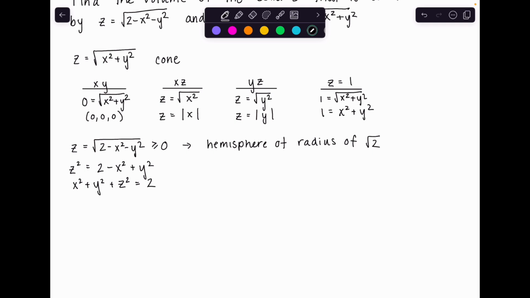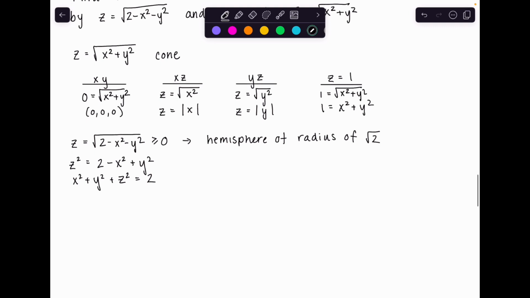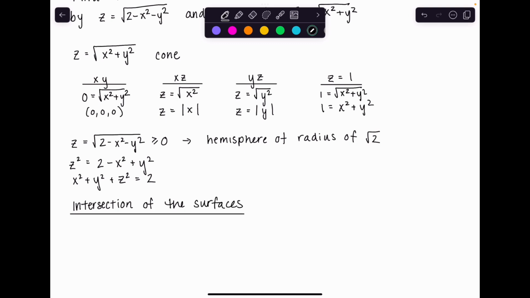One thing that's going to be important is to figure out, what do these two things intersect at? So we also need to find the intersection of these surfaces. All we do in that case is set the two things equal to each other.